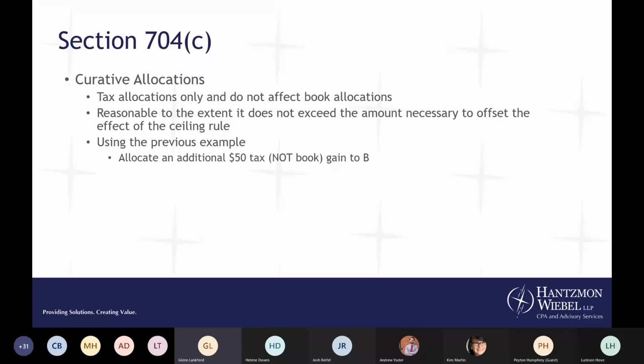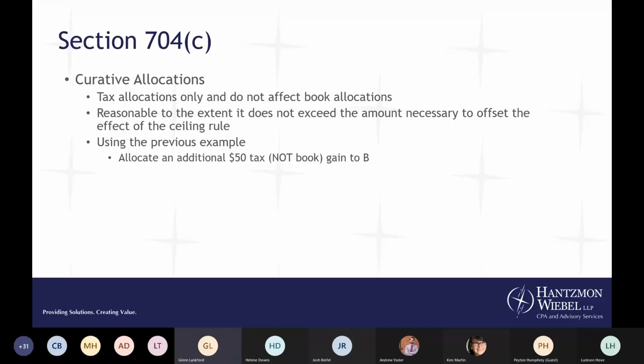Aside from the traditional method and the traditional method with curative allocations, there's also a third method called the remedial method. And no, it's not for people that are slow. In the remedial method, which again, all these are tax only, you can actually allocate things that don't exist in certain circumstances.